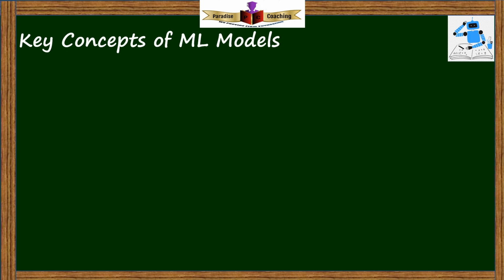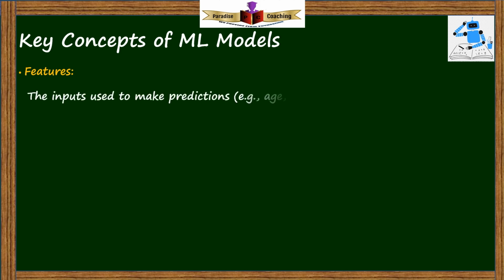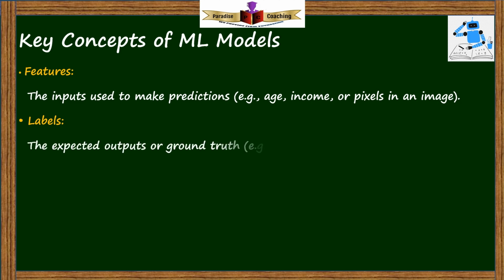Key concepts of ML models. Features: the inputs used to make predictions, for example, age, income, or pixels in an image. Labels: the expected outputs or ground truth, for example, spam or not spam for an email.